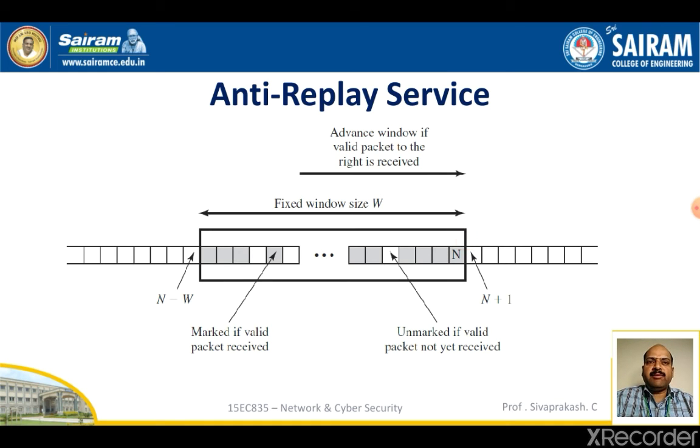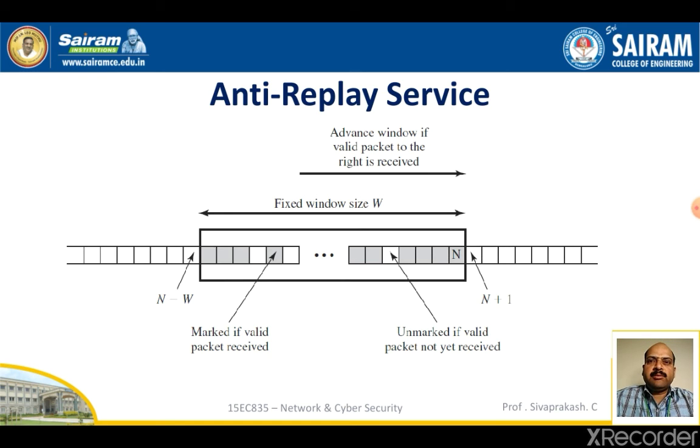For any packet with a sequence number in the range from N minus W plus 1 to N that has been correctly received, that is, properly authenticated, the corresponding slot in the window is marked.